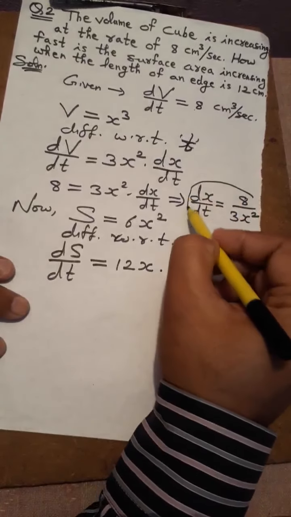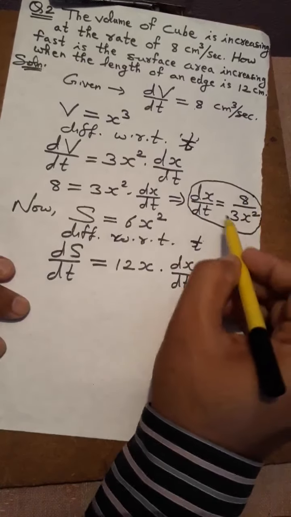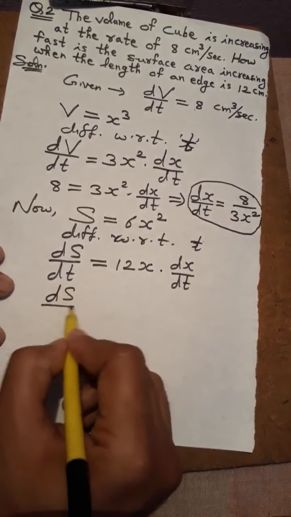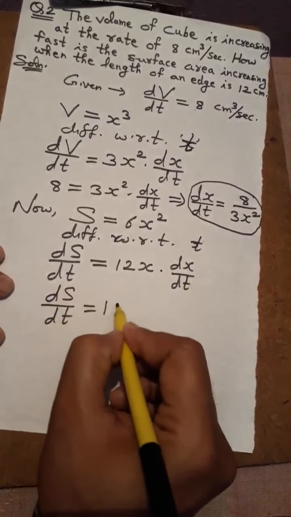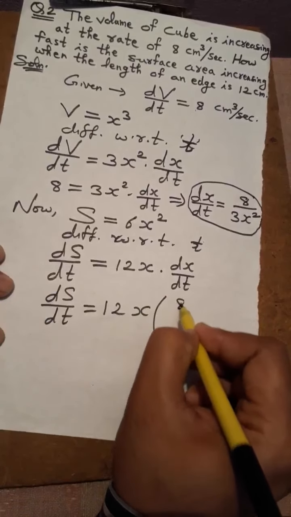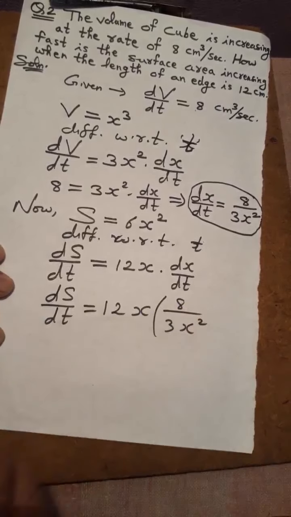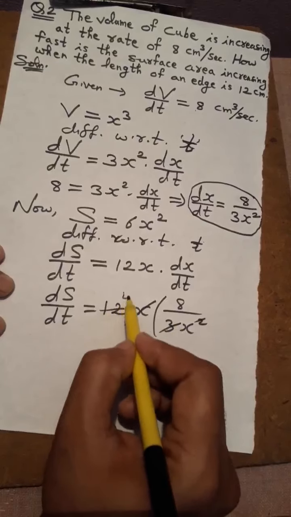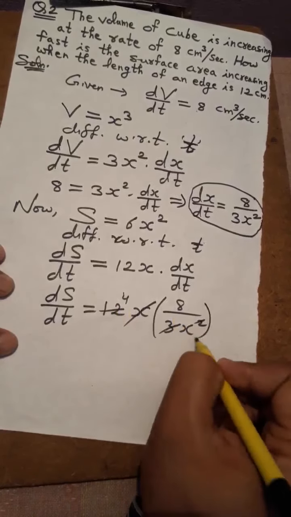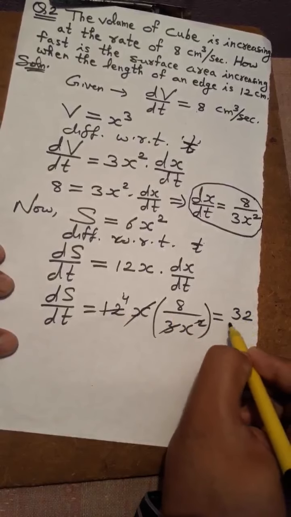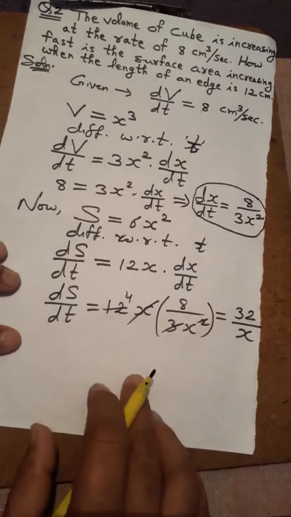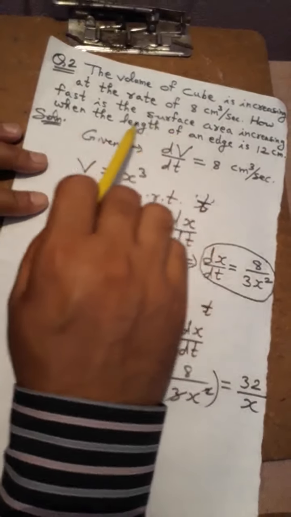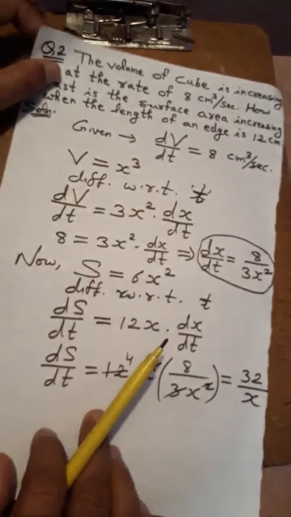Now put the value of dx by dt, you will get dS over dt equal to 12x into 8 upon 3x square. x is cancelled out and 3 is cancelled out, you will get 32 upon x.